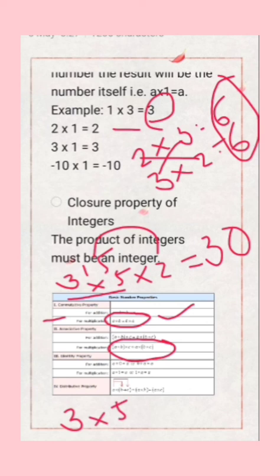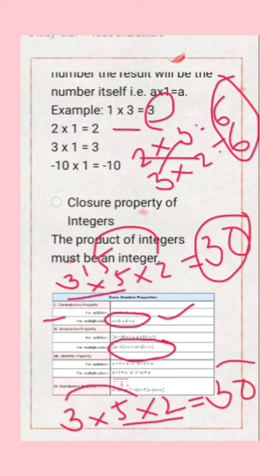And another possibility is, first you will combine these two, 5 2s are 10, and then you will multiply with 3. Then also your answer will remain the same. So if you multiply them in any order, then also the answer should be the same. If your answer is the same, then you can say that integers are associative under multiplication.